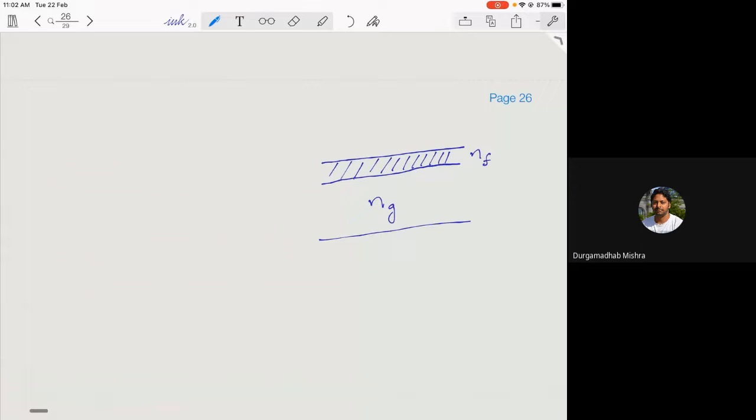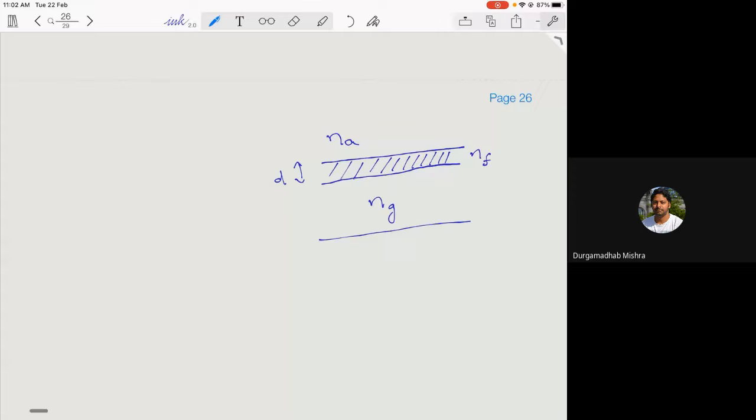So this is your Ng, the refractive index of glass, and let's say d is the thickness of the coating, and Na, which is equal to 1, is the refractive index of air.